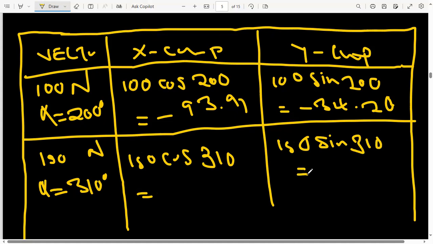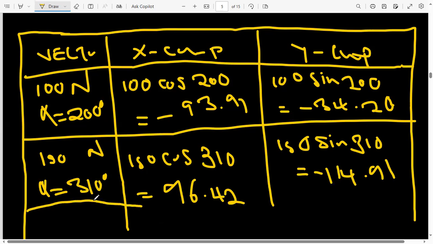Let's punch this into the calculator. I have my answers there. Here I'm getting 96.42. Then here I'm getting minus 114.91. So this is what I get for my second vector.